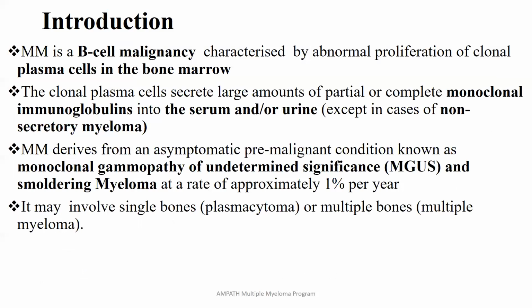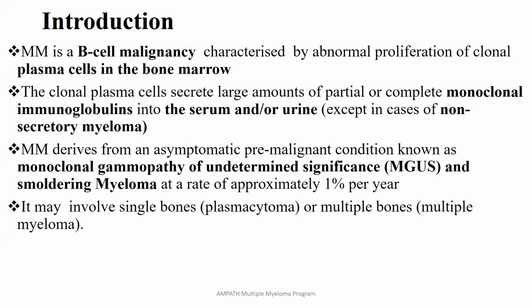It looks at the level of immunoglobulin: for monoclonal gammopathy of undetermined significance, it is less than 3 grams per liter, with a percentage of plasma cells of less than 10%, and absence of end organ damage. While that of smoldering myeloma, it is a plasma cell of more than 10%.